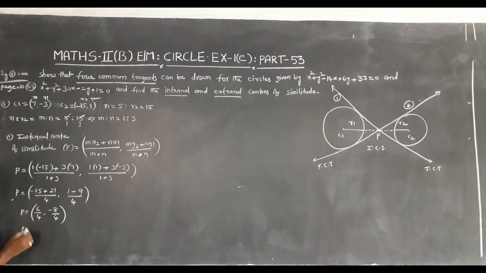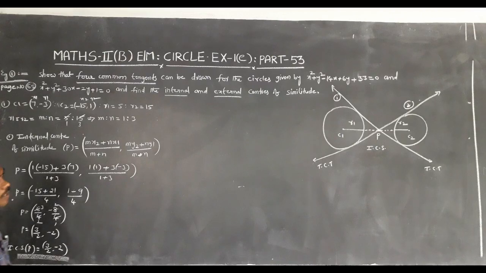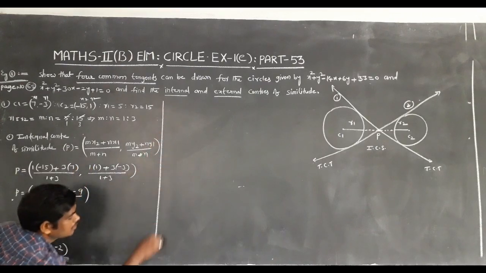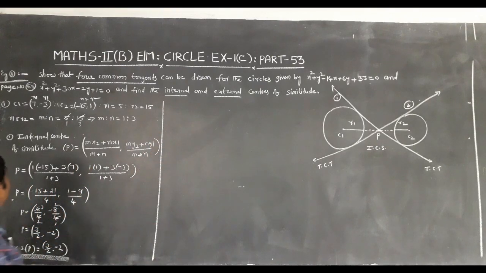P is equal to 3 by 2, comma, minus 2. Therefore, the internal center of similitude P is equal to (3/2, -2).